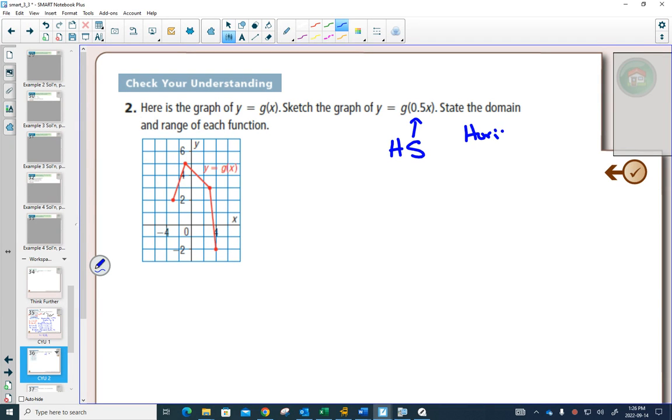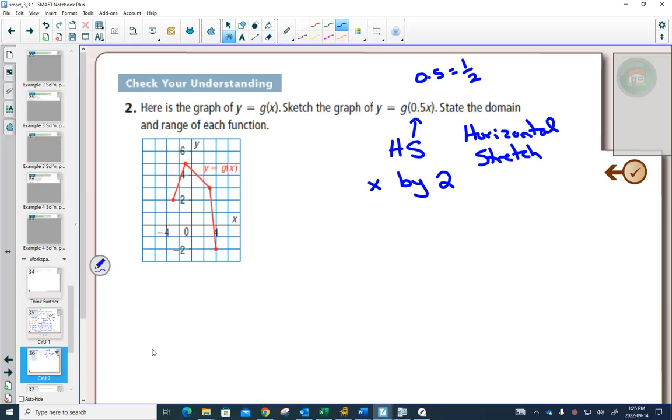We'll write it out. Are you okay if I use abbreviations? Okay, so it's a horizontal stretch. What's going to happen? Why is it a stretch? Because remember, if this 0.5 is equal to a half, with horizontal stretches and compressions, we always multiply by the reciprocal.